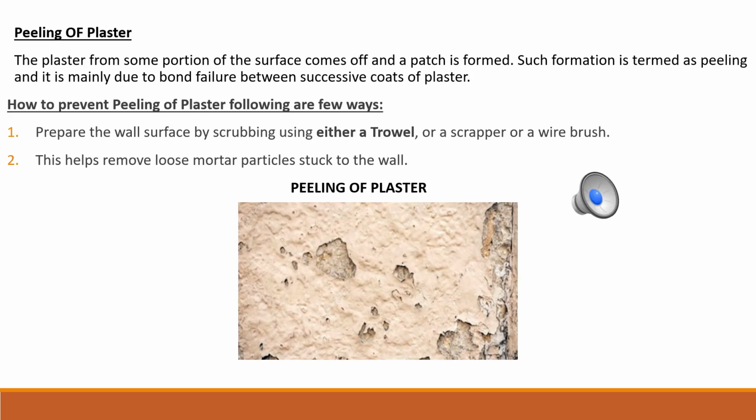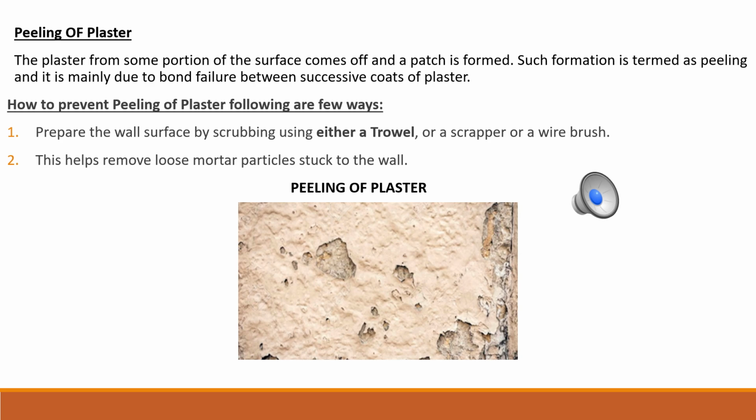Peeling of the plaster. The plaster from some portion of the surface comes off and patches are formed. It is like the external layer or external surface of the plaster is chipped off sometimes. Such formation is termed peeling, and it is mainly due to bond failure between the successive coats of plaster.